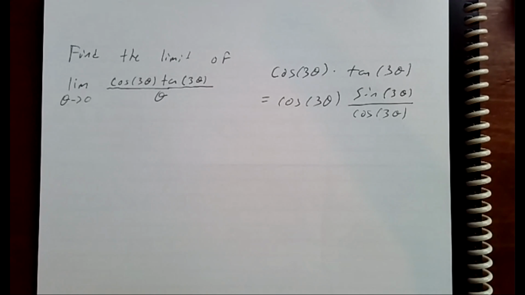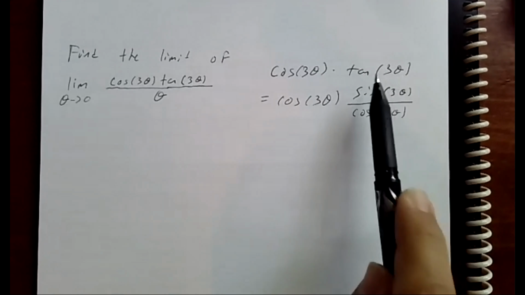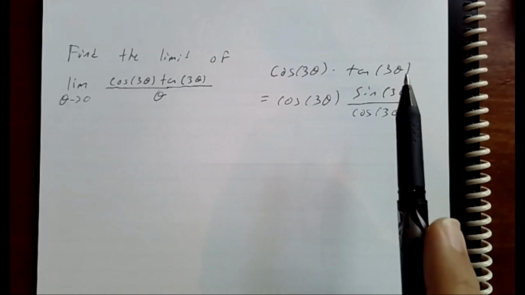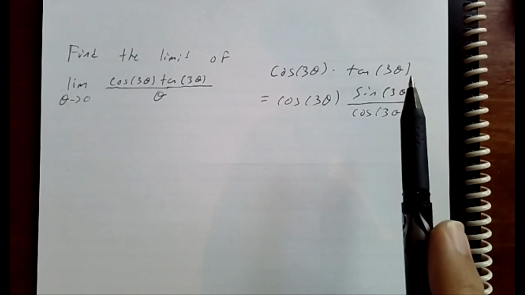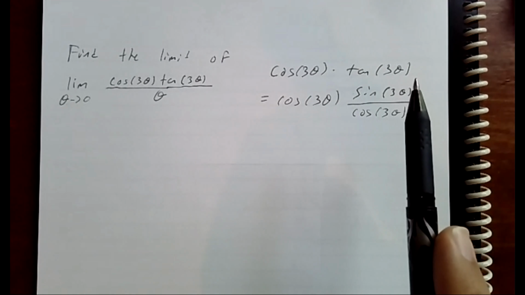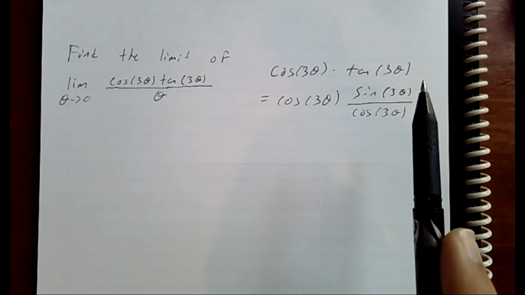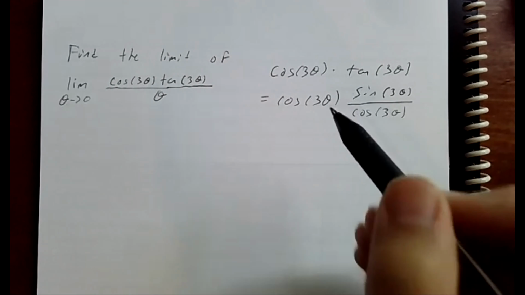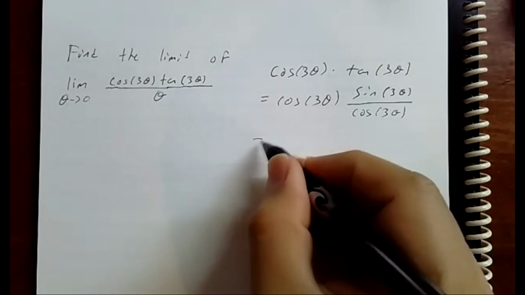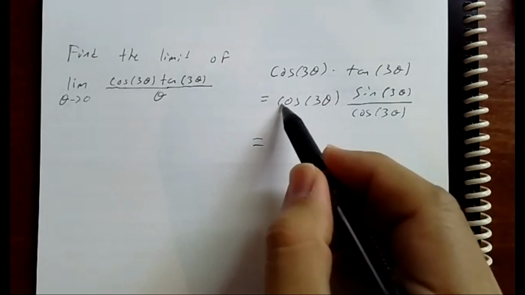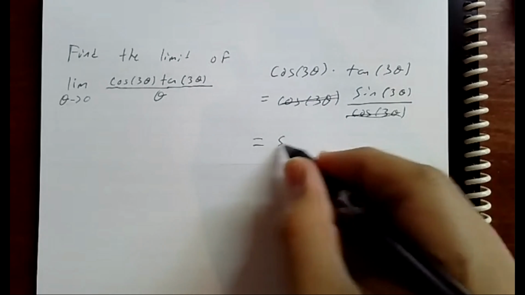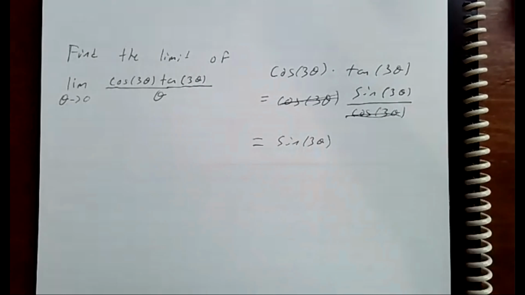The reciprocal of cosine would be secant, and vice versa. But this is just a third function. So it's just the main three functions: sine, cosine, tangent, and then the remaining three will be the reciprocal trig functions. But this guy will cancel, right? Leaving you with sine of 3 theta.